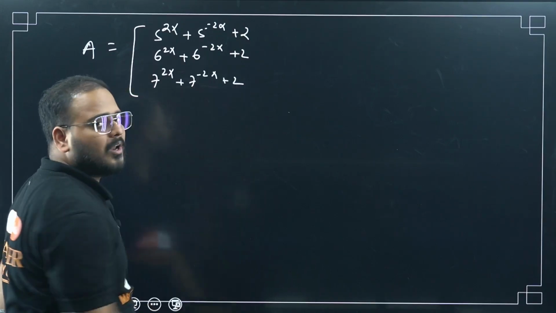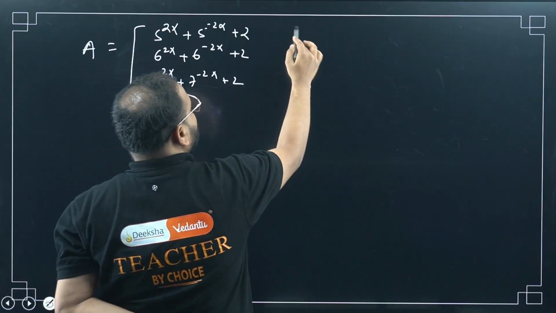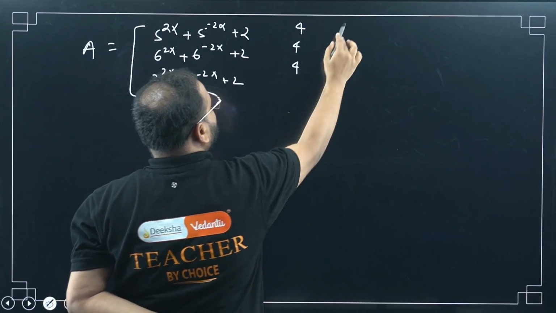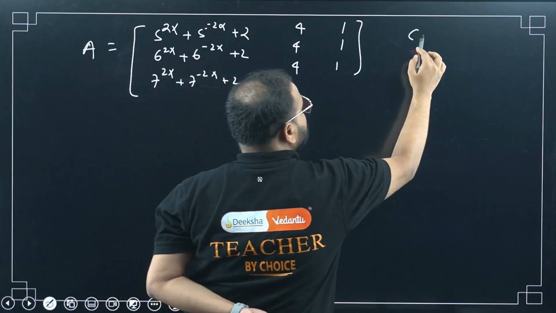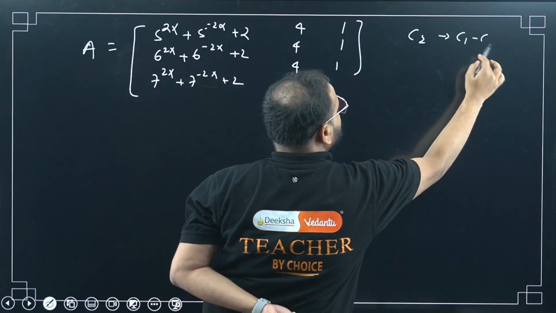I am not changing anything in column 1. Column 2 I am changing. This will get as plus 4, plus 4, plus 4, 1, 1, 1. How, sir? By applying C2 equals C1 minus C2.